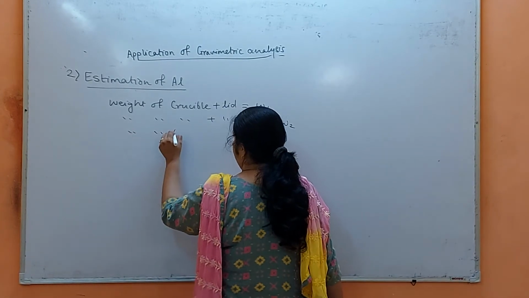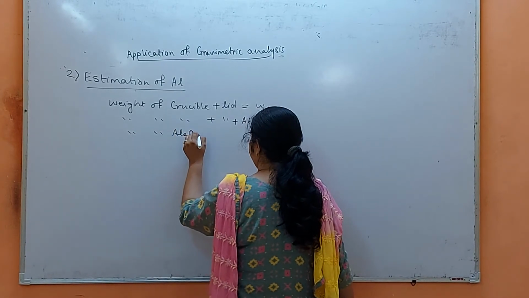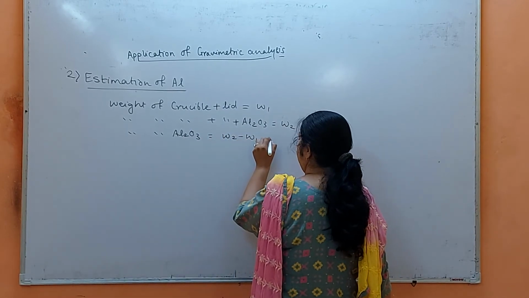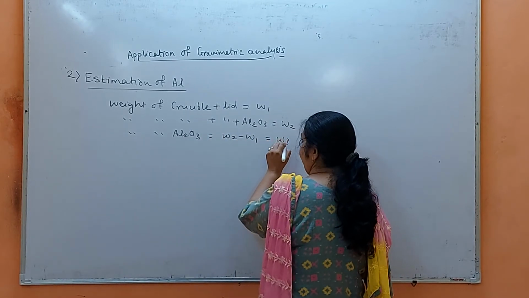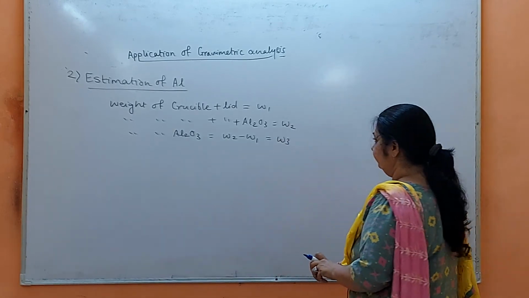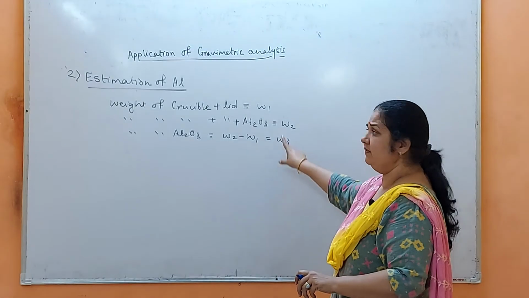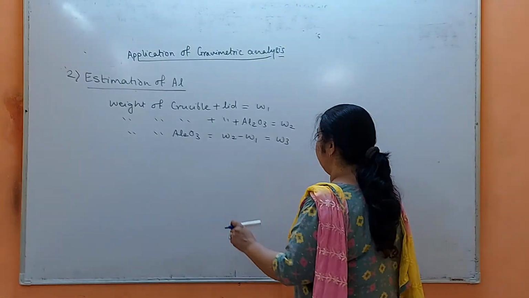Weight of Al2O3 is equal to W2 minus W1, say W3. Now see, the weight of Al2O3 we got, but we need to find the weight of aluminium.